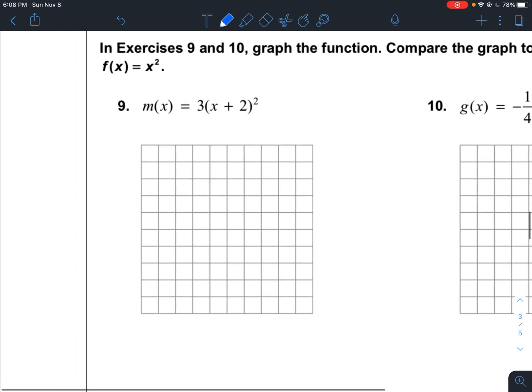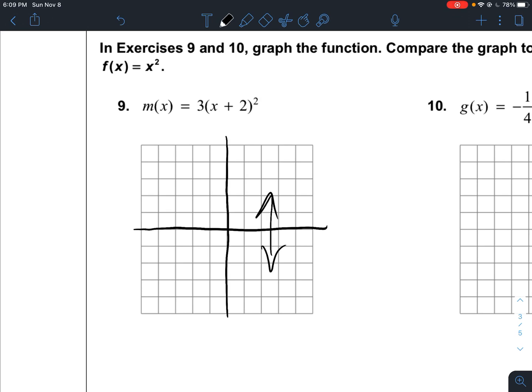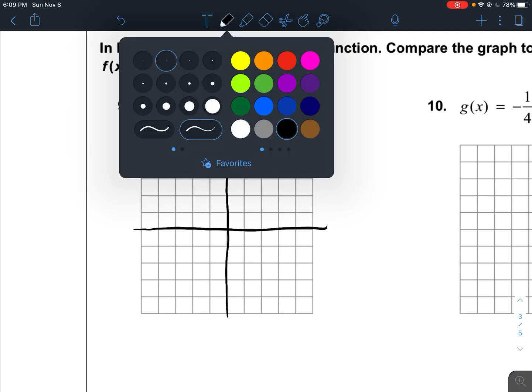So here we want to graph the vertex and we don't have a k value. So that means we're not going to be shifted up or down. That means our vertex stays on the x-axis, so it's going to stay along this axis right here.